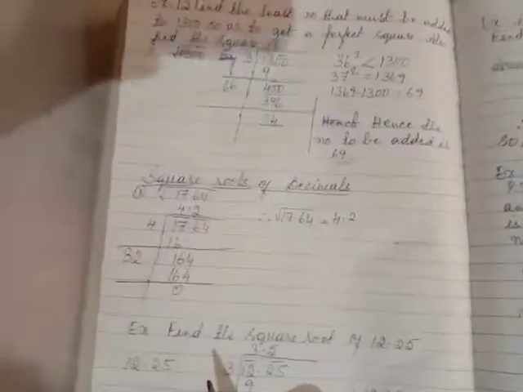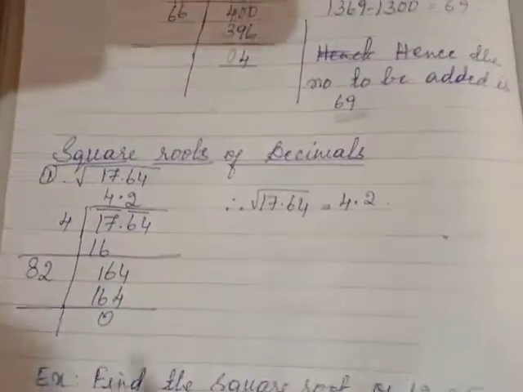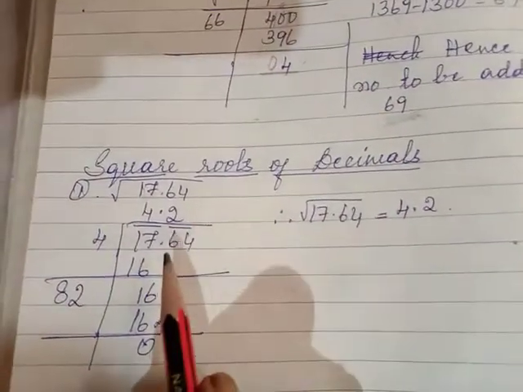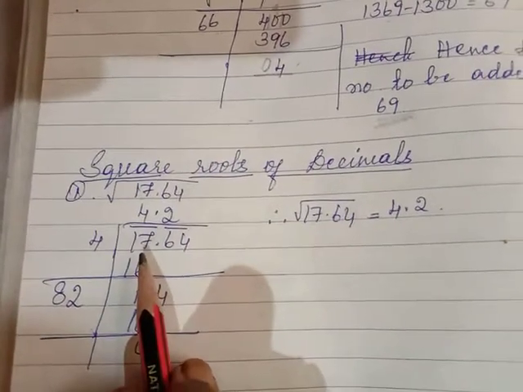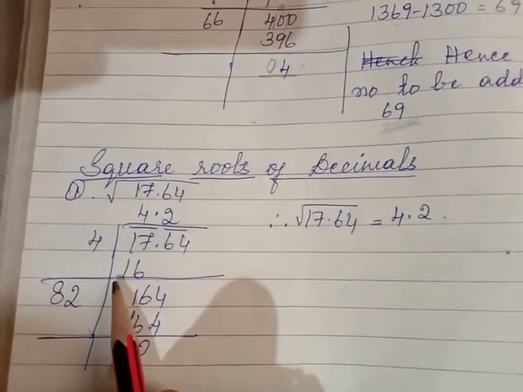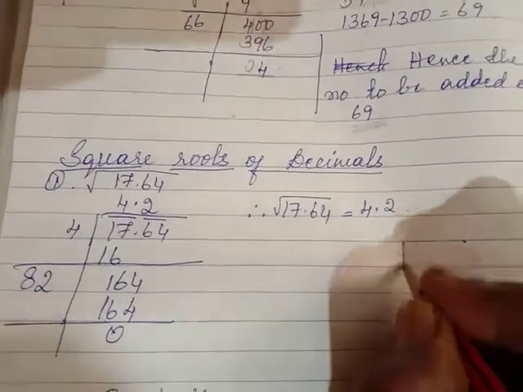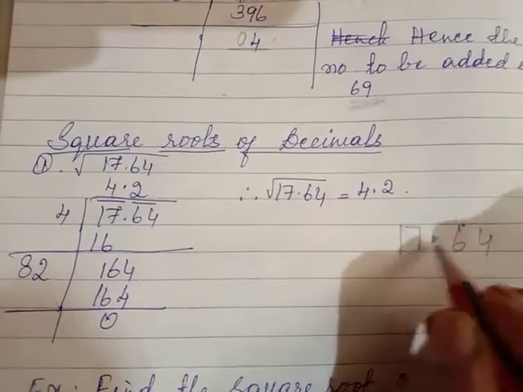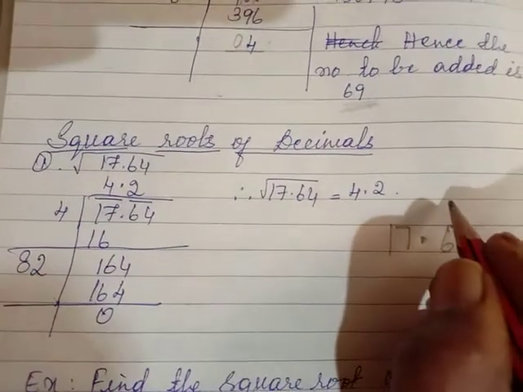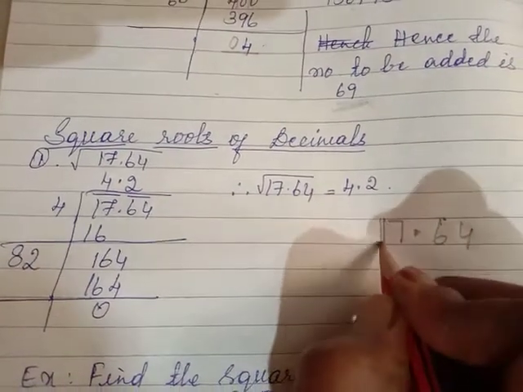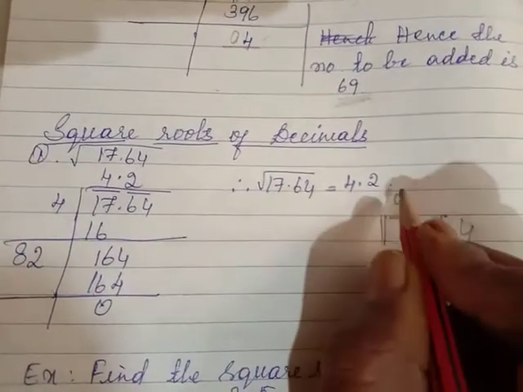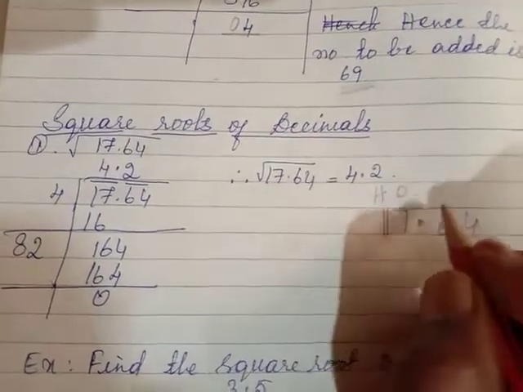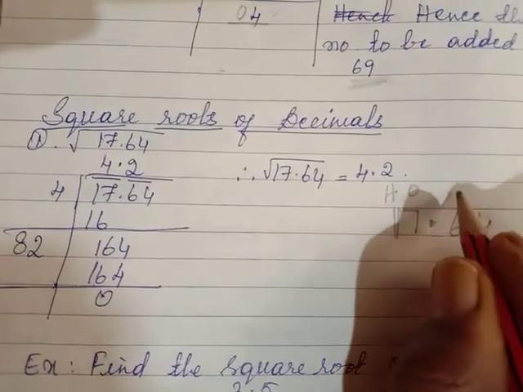Now let us see how to find square roots of decimals. The same way, the grouping is also the same way, but you have already studied ones and tens. See here, for example, 17.64. This is the ones place and this is the tens place. After the point, we have the tenths place.